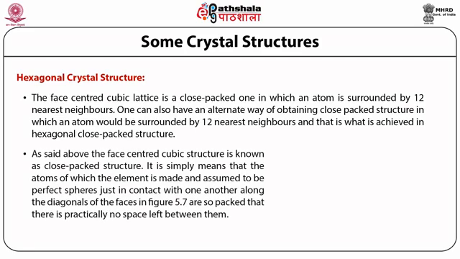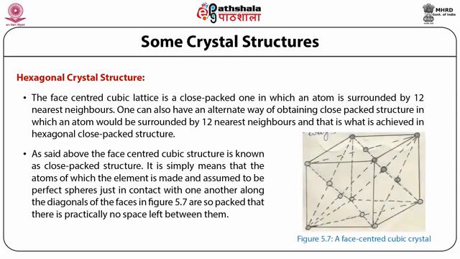As said above, the face-centered cubic structure is known as a close-packed structure. It simply means that the atoms of which the element is made, assumed to be perfect spheres, are just in contact with one another along the diagonals of the faces.